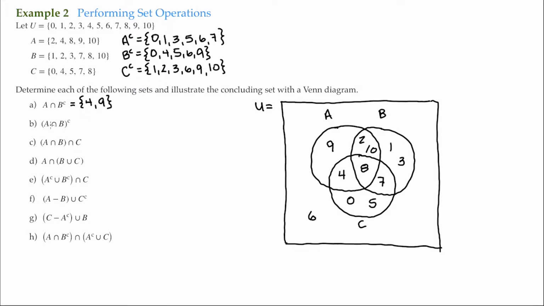Now we don't necessarily have to use the sets up here. We can, but we could also use the Venn diagram to help us. A intersects B, that's this right here. That's 2, 8, and 10. Well, I don't want 2, 8, and 10. I want the complement to that. So that's going to be everything else.